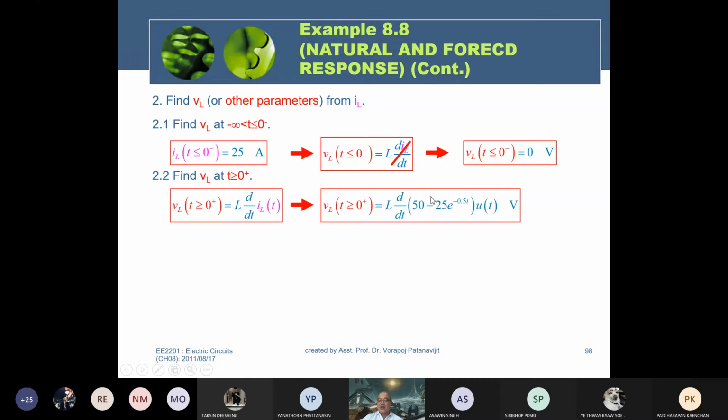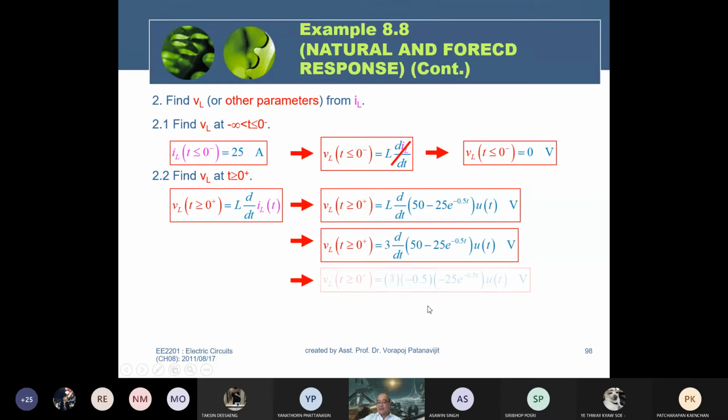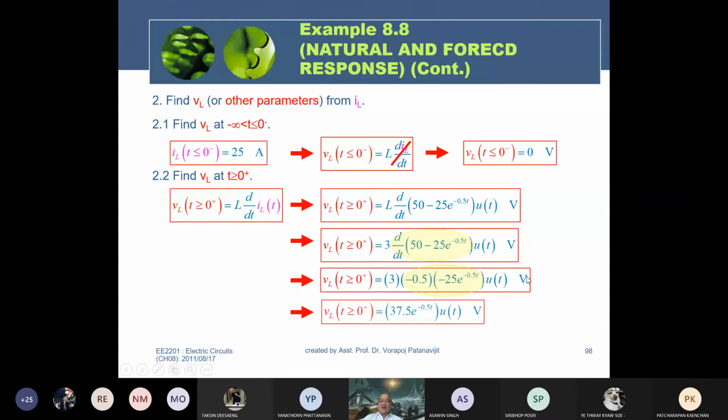Take the derivative of 50, gives you 0. Take the derivative of e^(at), gives you a e^(at), with a equal to minus 0.5 in this case. After that, distribute them. In this case, you get the inductor voltage equal to 37.5 e power minus 0.5 t.